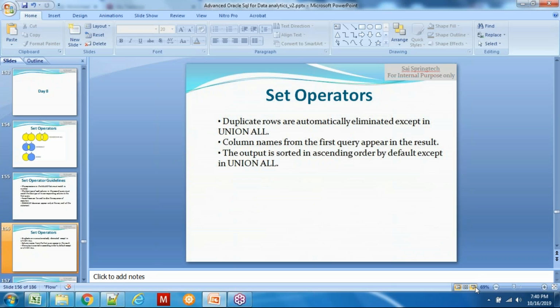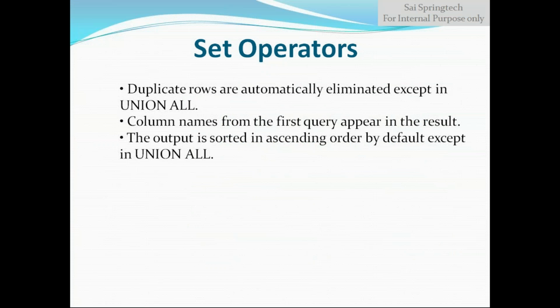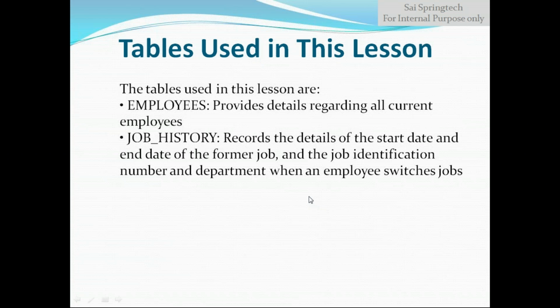As we already mentioned, duplicate rows are removed by union, and the output is sorted in ascending order by default, except in union all. So we'll see how that works.